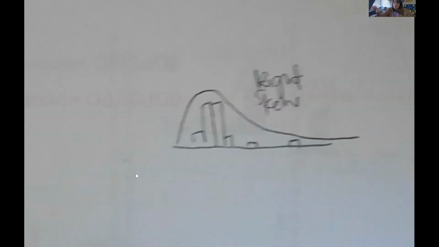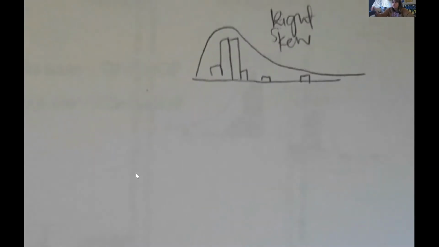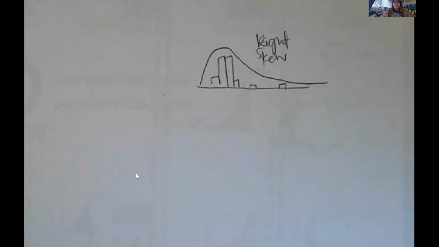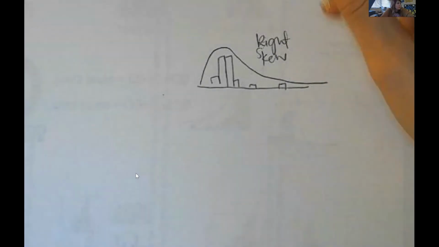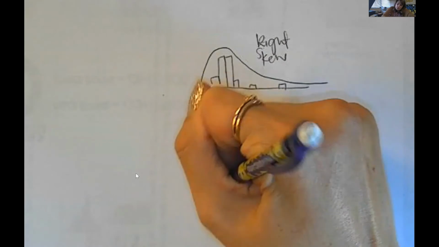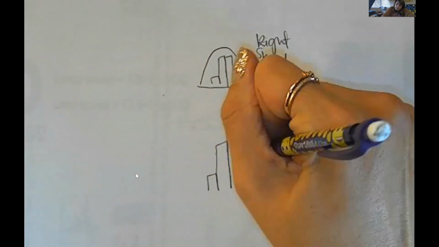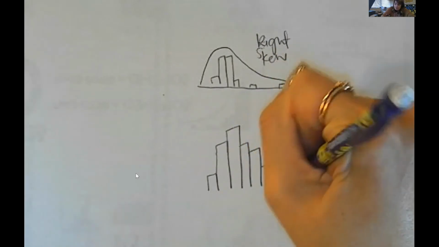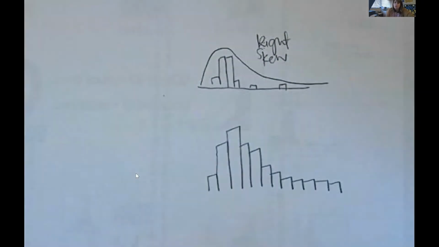However, when a distribution is skewed, you kind of see like a stair, I don't want to call it stairwell, but maybe it is. It kind of looks like steps or stairs. So if a distribution is skewed, what you generally see is the distribution gradually decreasing toward the side that it's skewed.